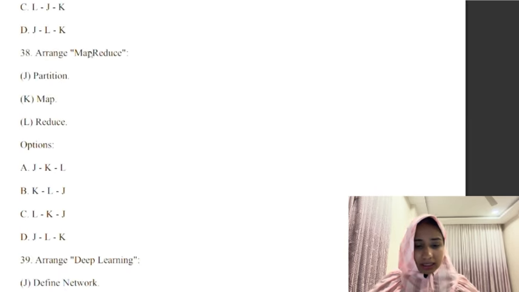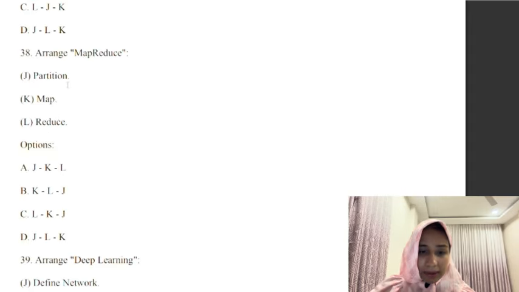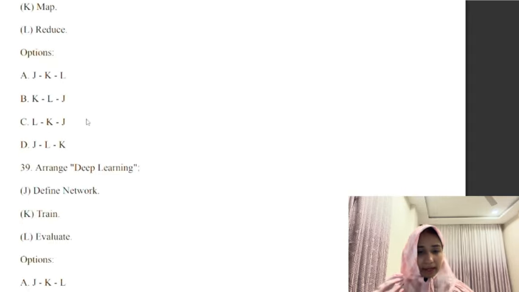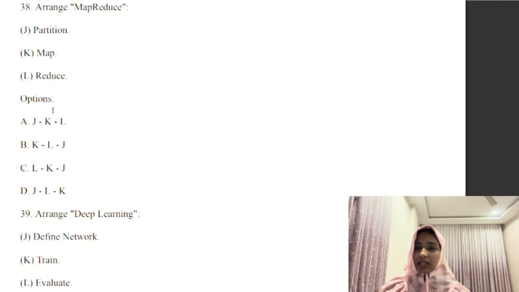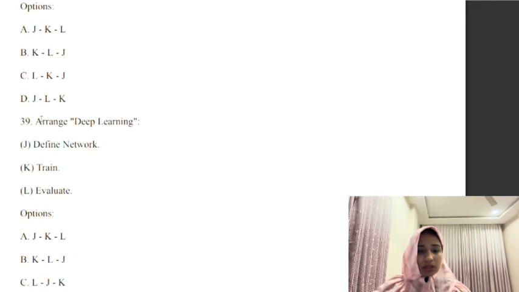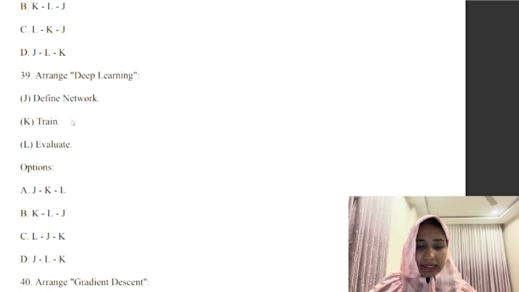Then question number 38. Arrange map, reduce, partition, and the answer is A, partition, map, and reduce, means it is given in the same order. Question number 39. Arrange deep learning, define network, train, evaluate.